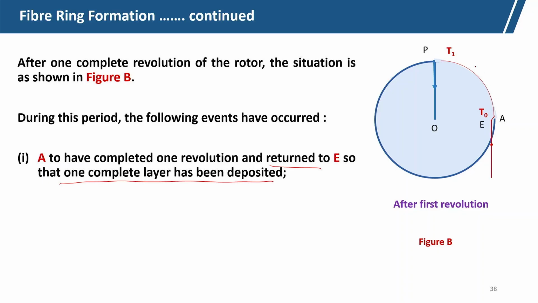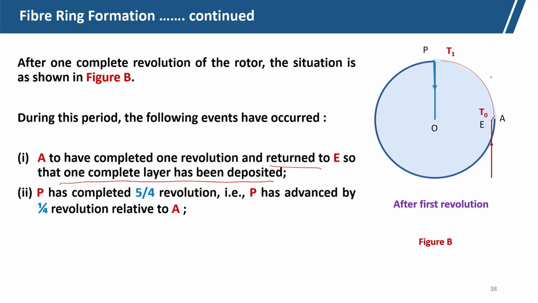The rotor is rotating, and fiber is deposited at point E. And P has completed 5/4 revolution, because for one complete revolution of the rotor, P makes 5/4 revolution. So, P has advanced by 1/4 revolution relative to A.